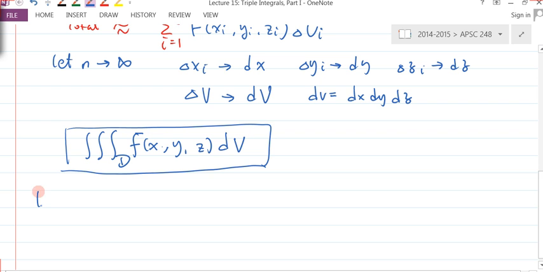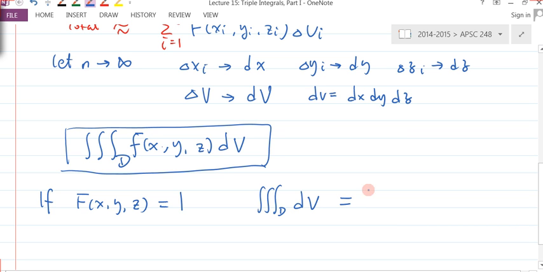Now, if this function equals 1, then we get this. And what does this give you? Exactly.